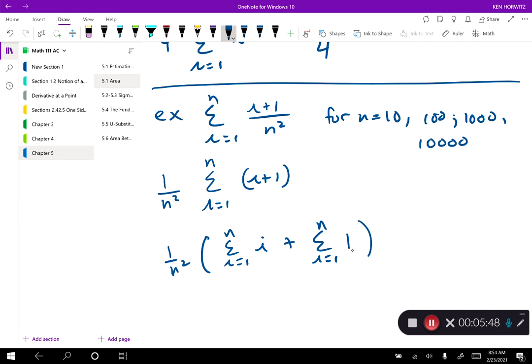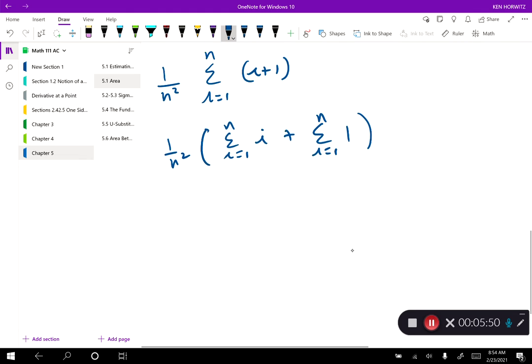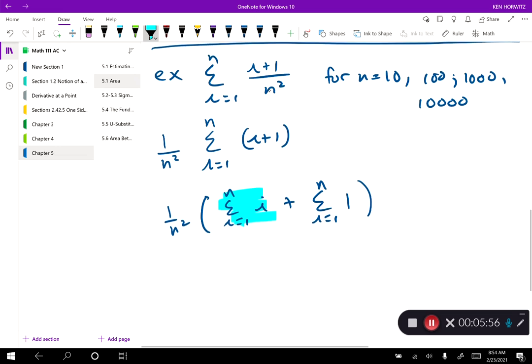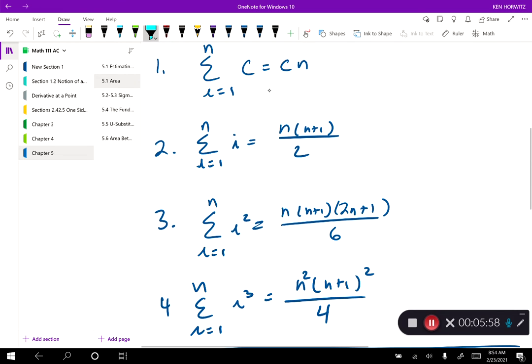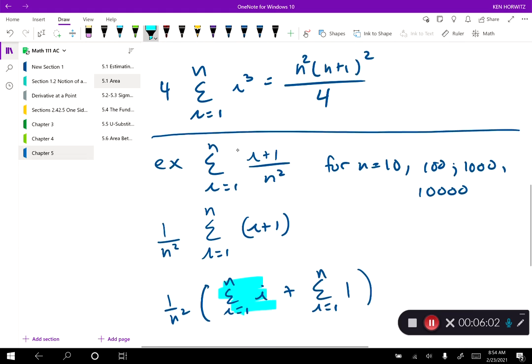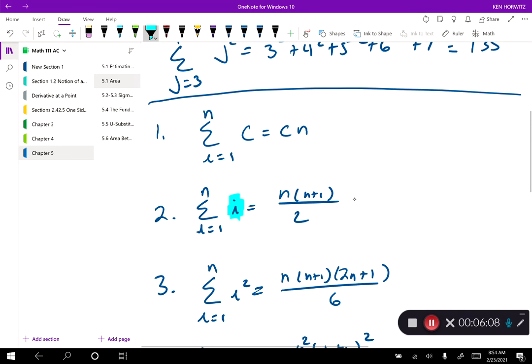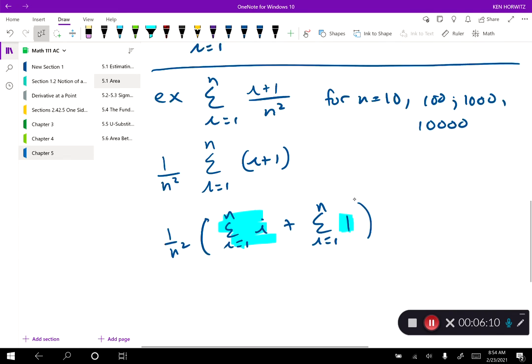All right, so now we have some formulas, right? This right here is a formula. I think it's formula number 2. Yes, see? So I can do n times n plus 1 over 2. And 1 is a constant, so that's formula number 1, c times n.